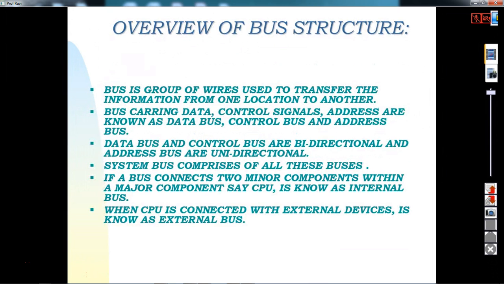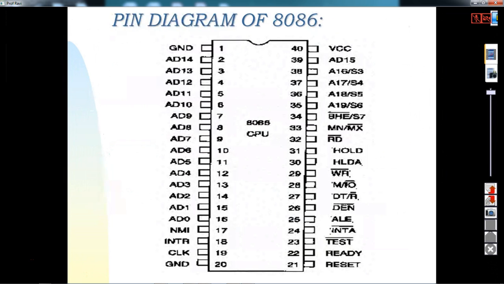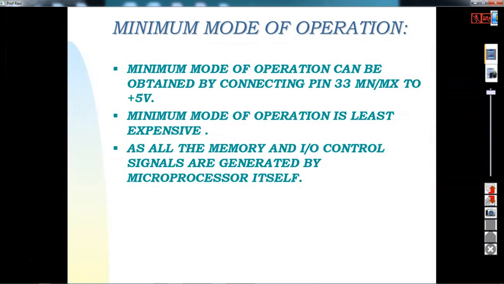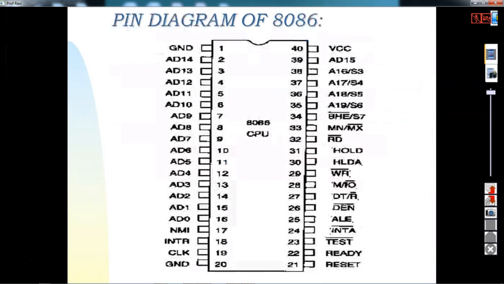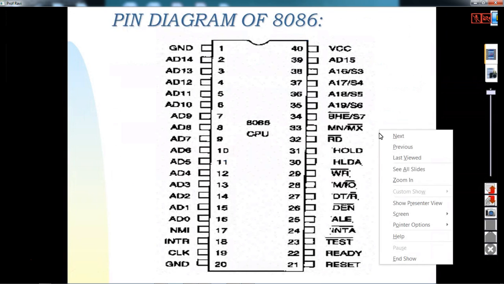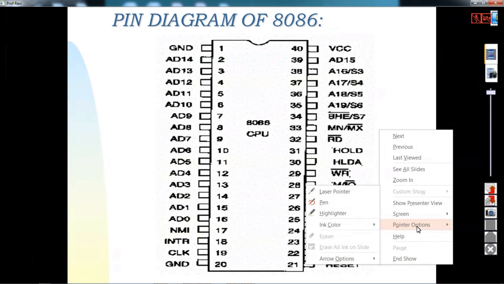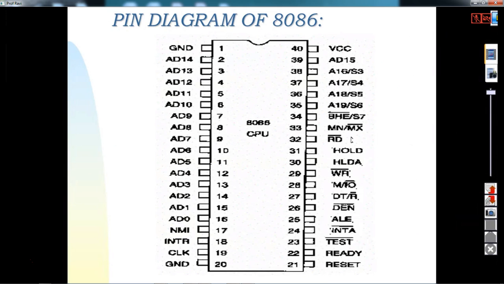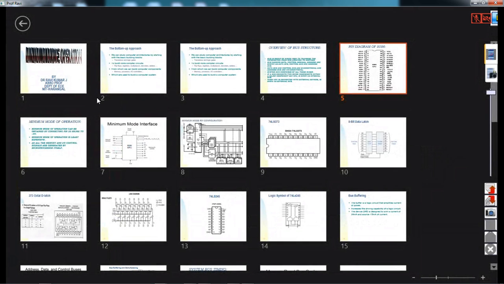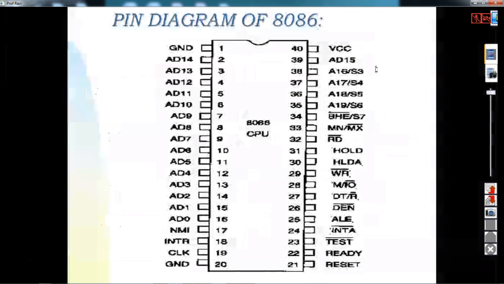Coming to the bus structure, this is the pin diagram of 8086. Minimum mode of operation means the 33rd pin here, which is very important, is MN by MX.